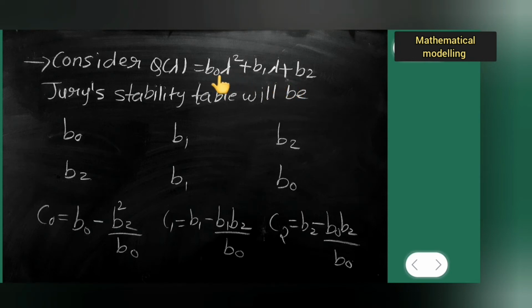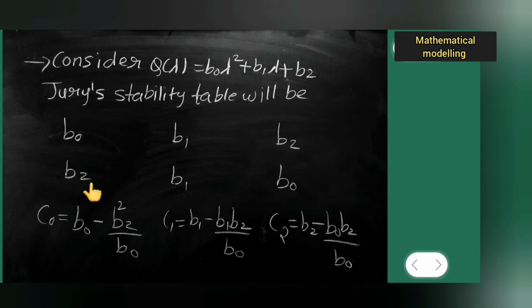These are the coefficients b naught, b1, b2 of the given polynomial. Now in the first row, write all the coefficients starting from the highest power of lambda. The highest power of lambda is this, so b naught, write it first, then comes b1 and then b2.